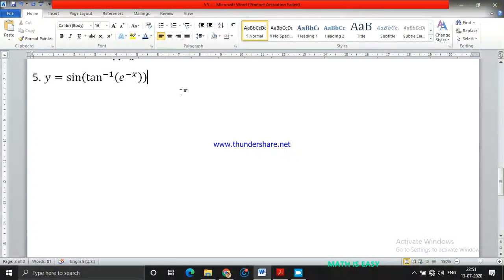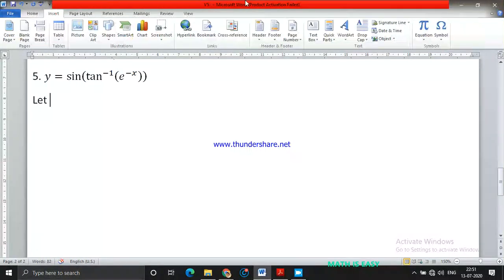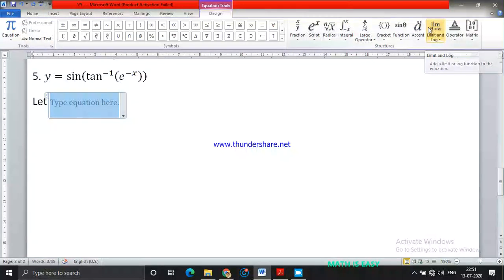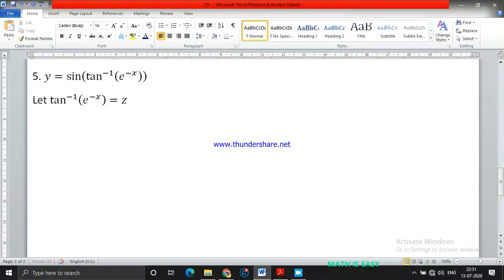Now how do I differentiate this function? First, let me take this entire inside thing as theta. Instead of theta, I'll put z. So your function is going to become y equals sin z.